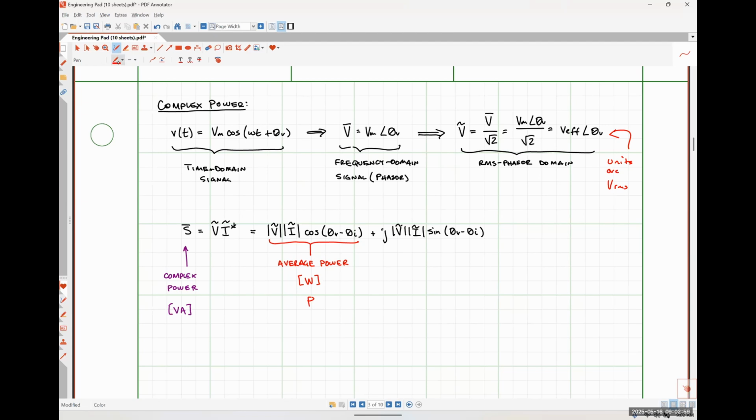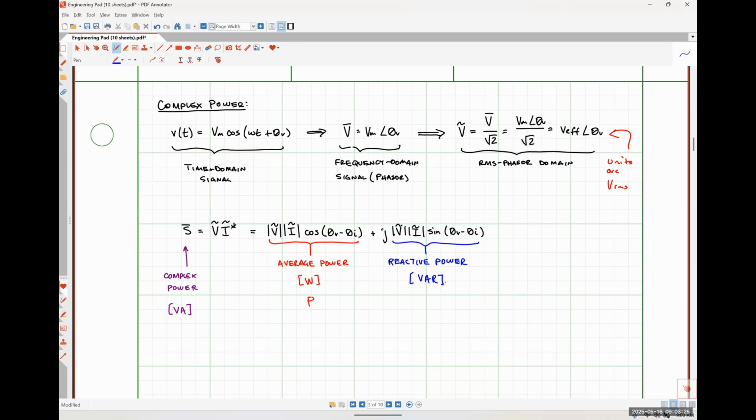So the imaginary part, as Matthew just mentioned, is what's commonly referred to as reactive power. Reactive power is measured in volt amperes reactive. So we now have a third different unit to use when we're dealing with complex power.